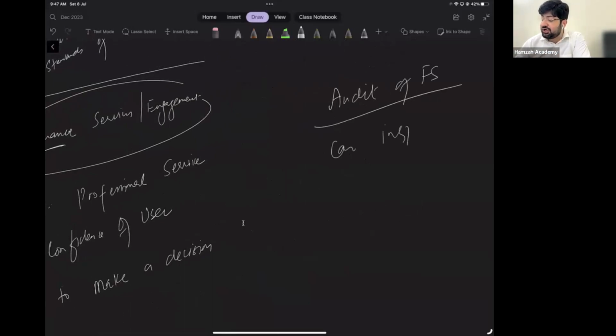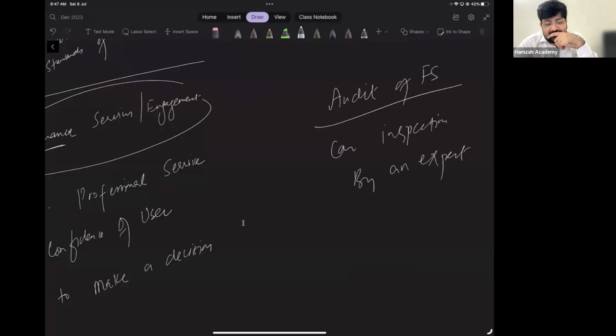A car inspection by an expert is an assurance engagement. You pay the expert, check this car, I want to buy this. They check it, they charge a fee. Now you can rely on their report and decide whether to buy the car or not.